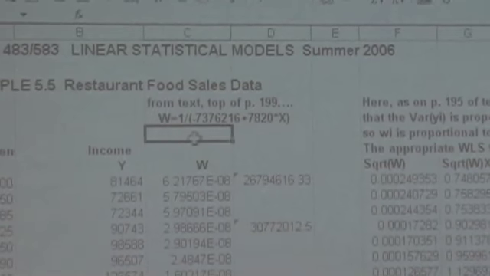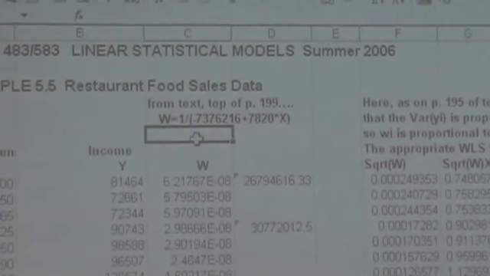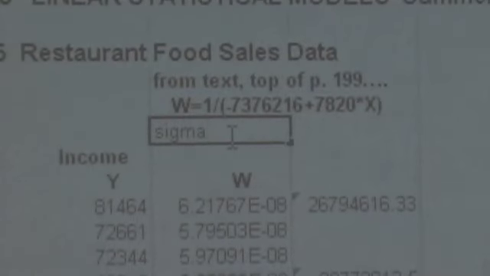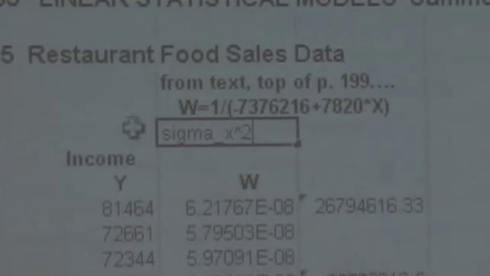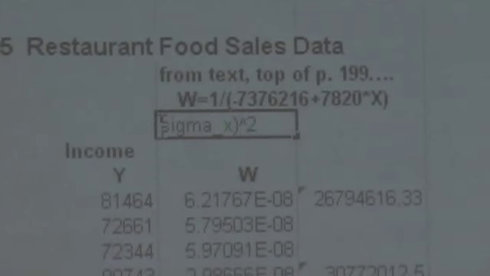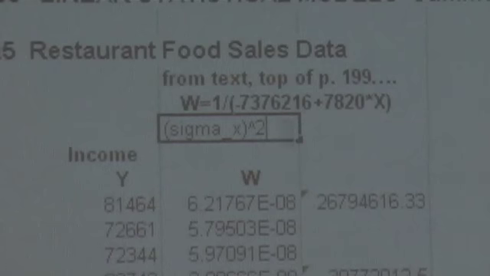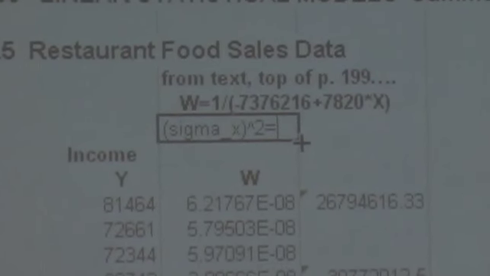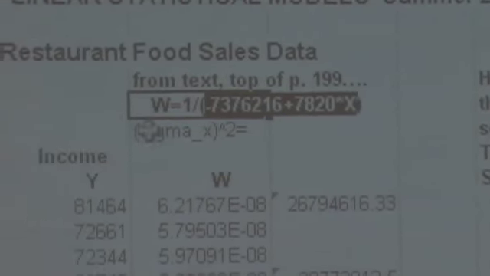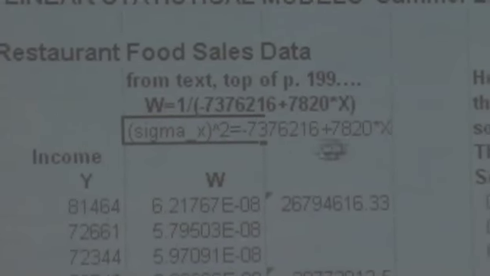So what I'm saying is that sigma of x squared, the variance at level x, is equal to this number right here.